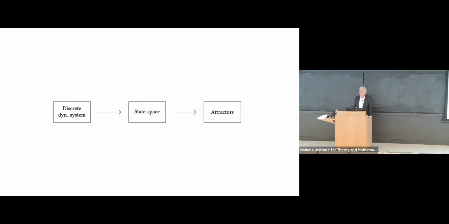So for a discrete dynamical system, the state space will be like the state space of a Boolean network. It will be a directed graph, where the nodes of the graph are states, and you have a directed edge from one state to another one if that function sends this state to this state. So it's a directed graph, could be finite, could be infinite. That's your state space. And from that, you extract the attractors. So those are the limit cycles, fixed points.